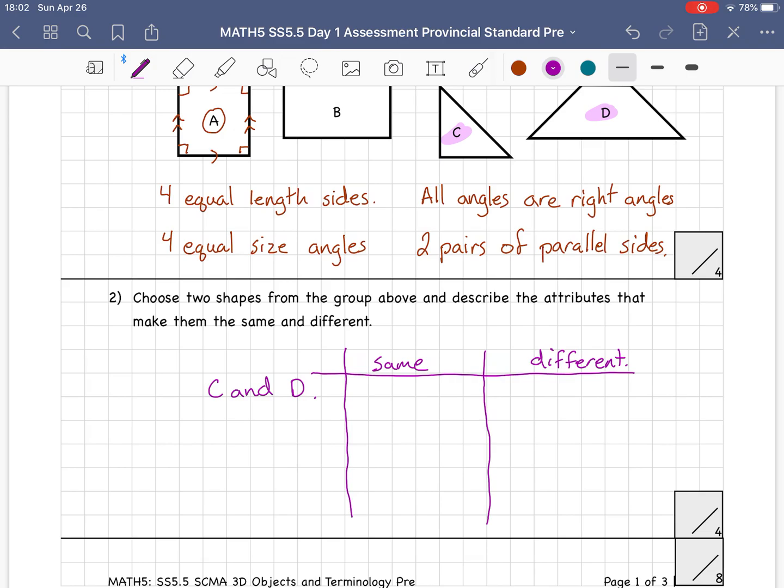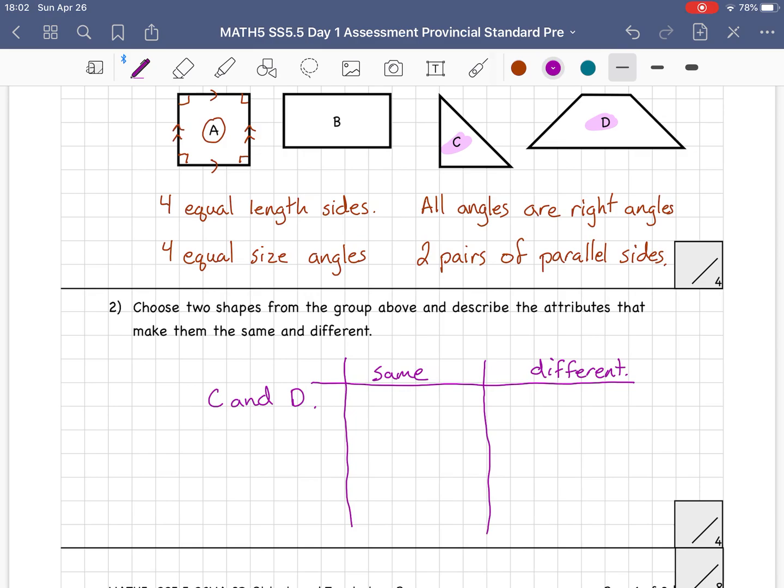Okay, so C and D, how are they the same? Well, they both have some non-right angle sides. They both have angles that are not right angles. They both have angles that are not perpendicular. Remember, that's the symbol for perpendicular.